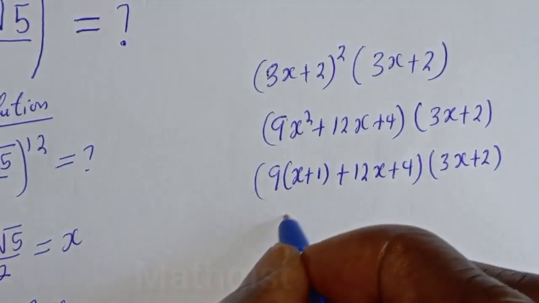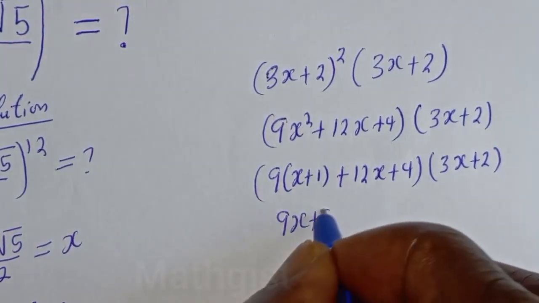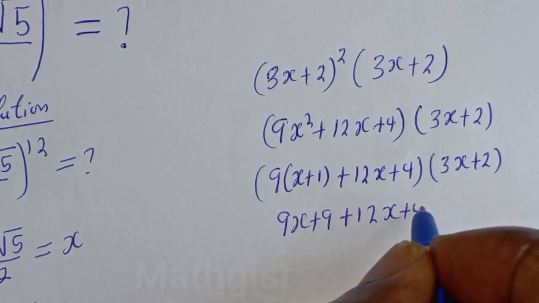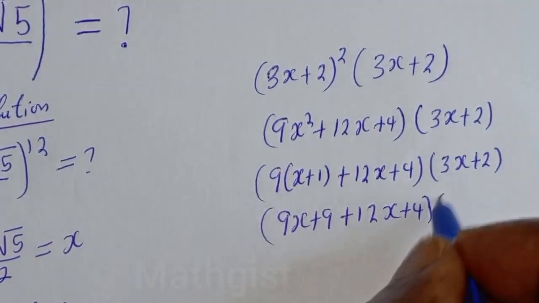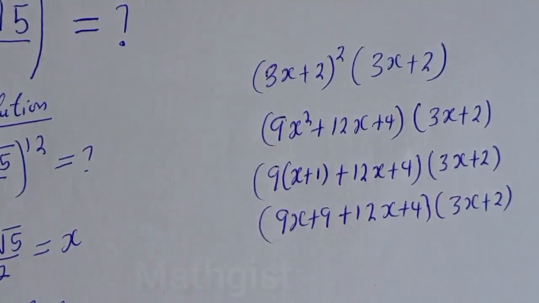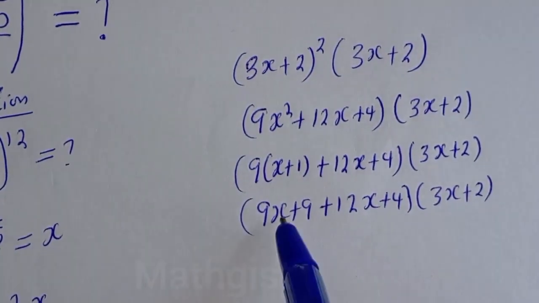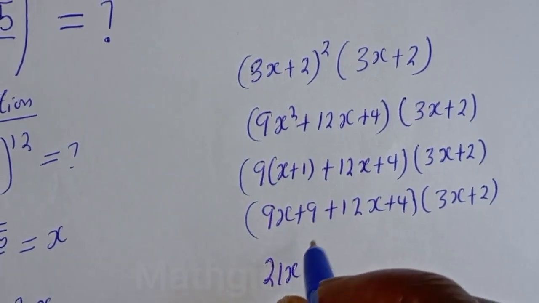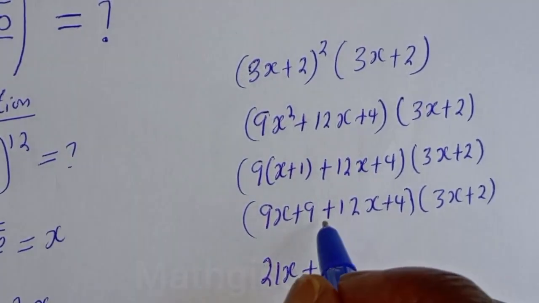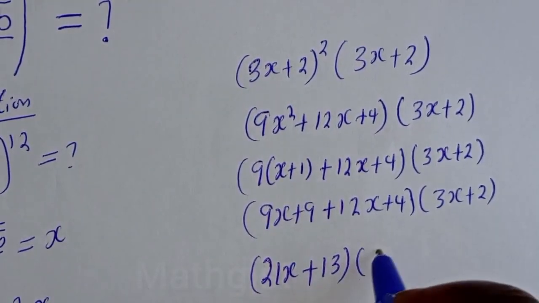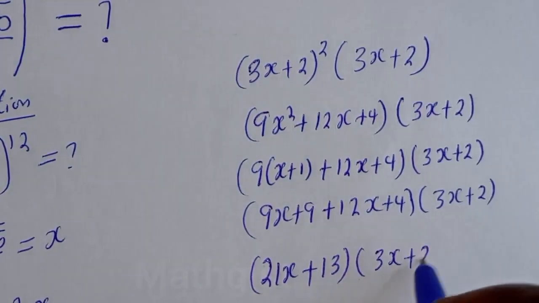Then this is 9x + 9 + 12x + 4 multiplied by 3x + 2. And let's see, 9x + 12x is 21x, plus 9 plus 4, 13, multiplied by 3x + 2.